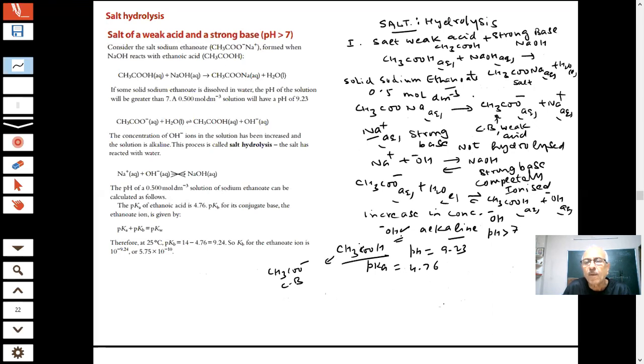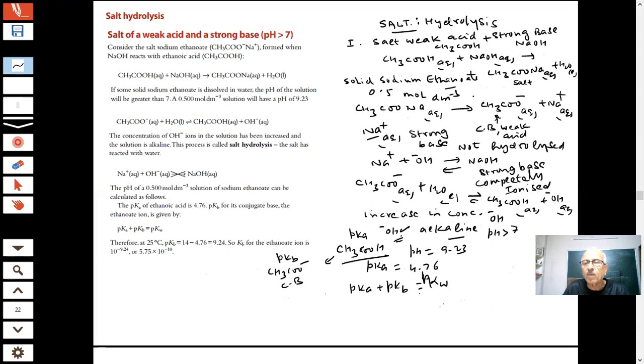So if I know the pKa and the pKb, we derived a formula. What formula did we derive? pKa plus pKb is equal to pKw.